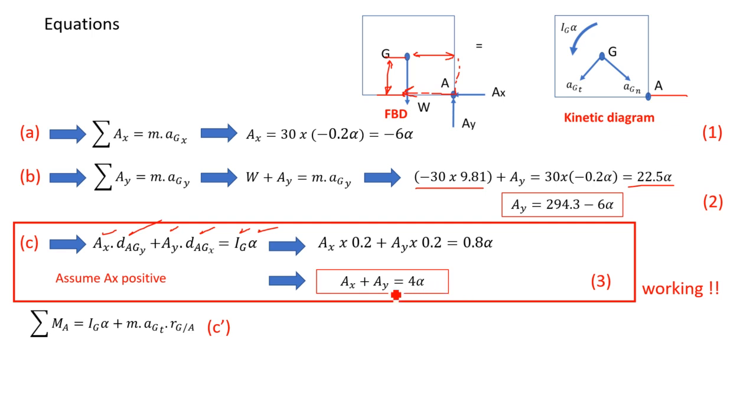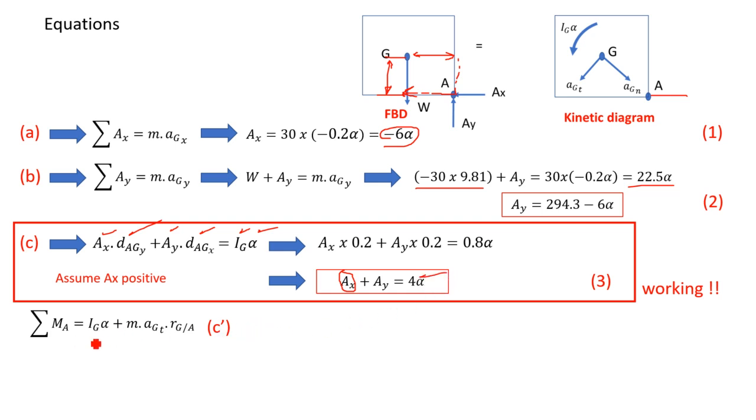And we can find the answer actually. If you substitute negative 6 alpha here, and the AY is going to be 294.3 minus 6 alpha. Okay, and this will be equal to 4 alpha. You will solve for that and you'll find the value for the alpha.